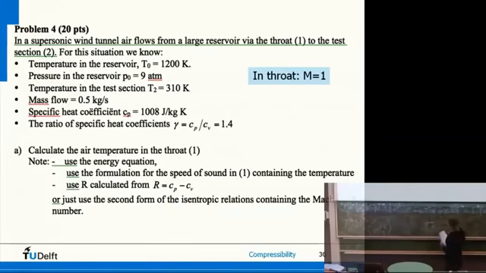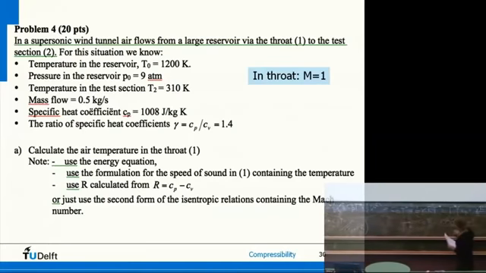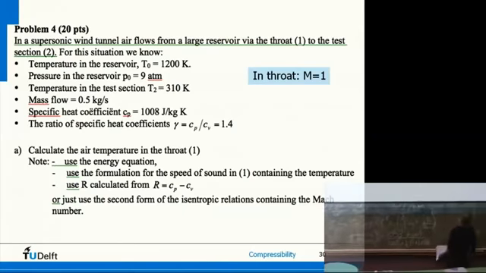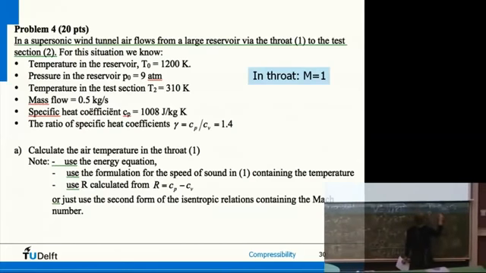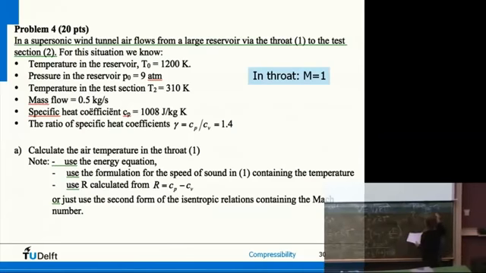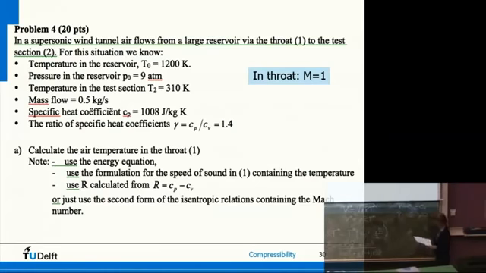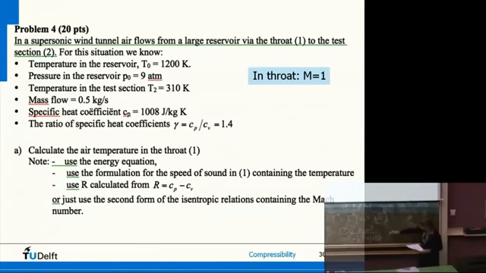So C_p T0: C_p is 1008, given up there, T0 is 1200, dividing by C_p, 1008, plus a half, gamma 1.4, R over 2, and R. So we find T star then, with our R of 288, equal to 1000 Kelvin.